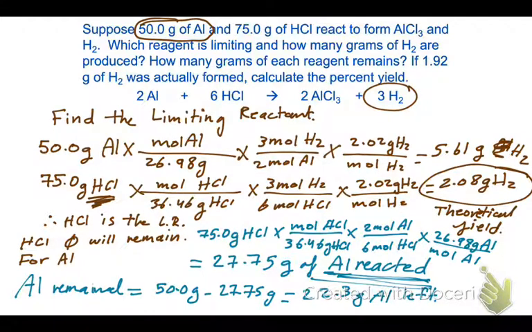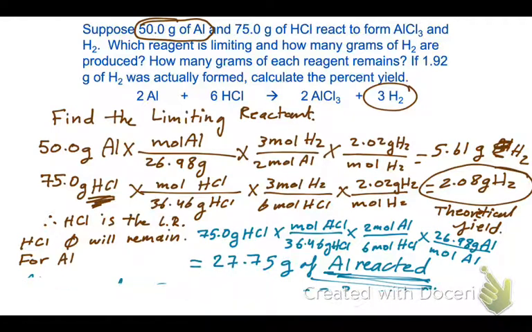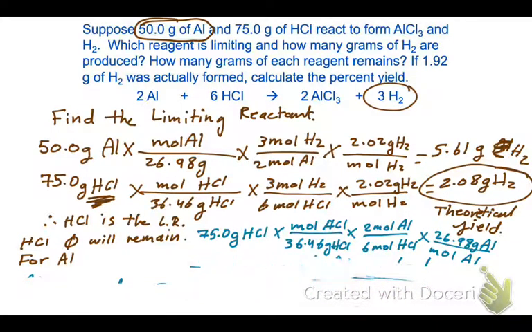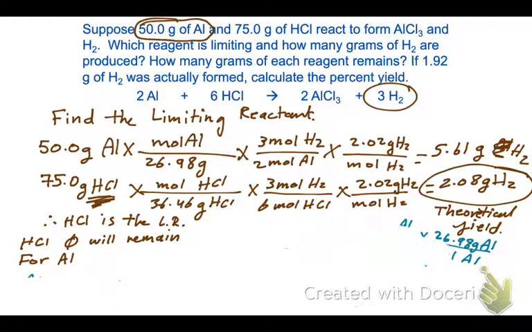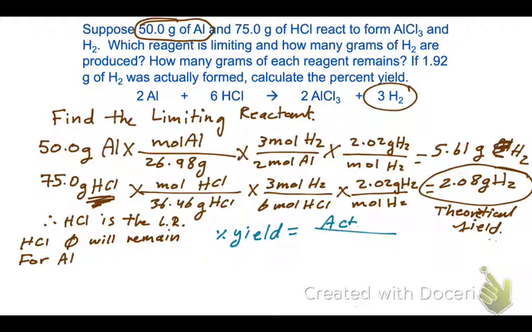Let's erase this part here. And now I'm going to calculate the percentage yield. So percentage yield is equal to actual divided by theoretical multiplied by 100%.